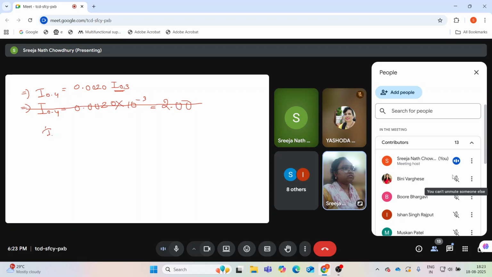Calculate the half-life time, that is T half, in units of minutes, of an initiator in toluene at 70 degrees centigrade, given its dissociation rate constant Kd is equal to 6.93 into 10 to the power minus 3 minute inverse.